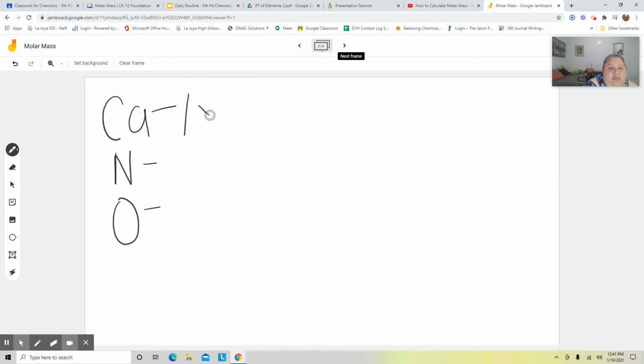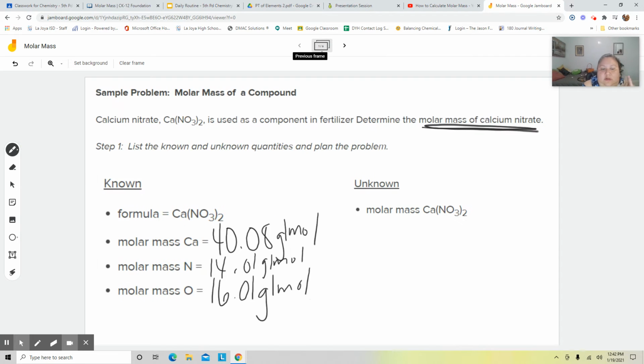So 1 times 40.08. And right now I'm not worried about units. I'm just worried about numbers. Okay, what about nitrogen? What is here for nitrogen that you don't see? Again, Miss Caitlin. 1. But you have a parentheses and you have a 2 on the outside.